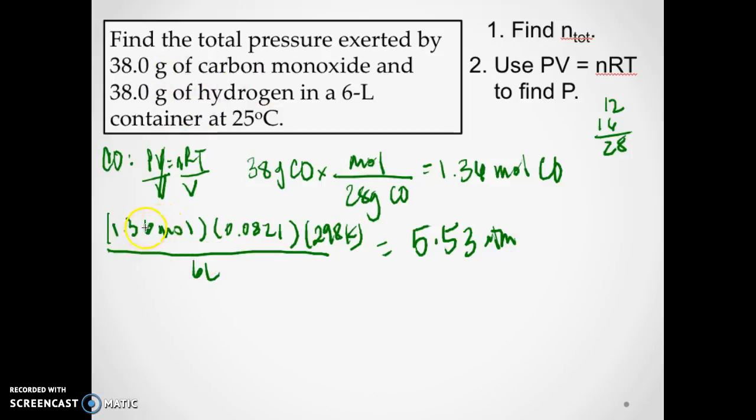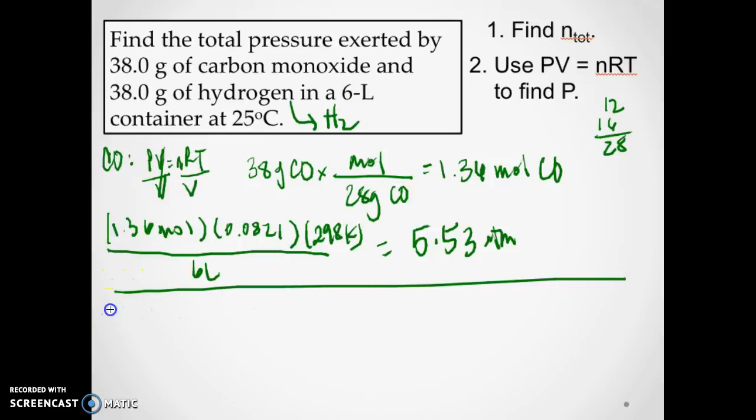Do the same for hydrogen. Always assume hydrogen gas, so hydrogen is H2. So 38 grams of H2, 2 grams per 1 mole. So that's going to be 19 moles of H2.